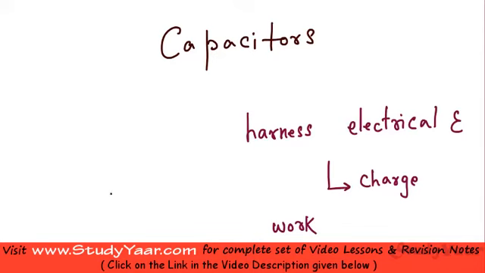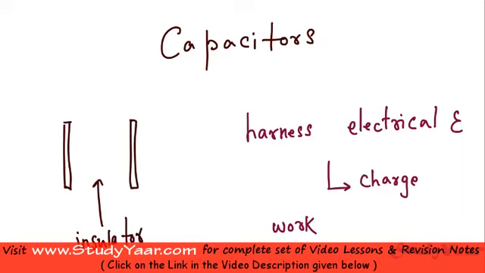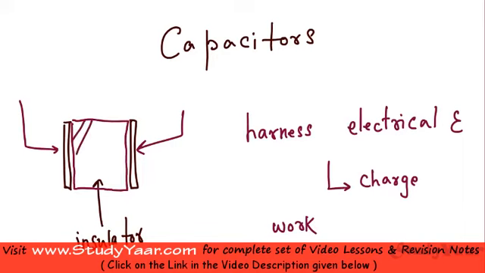A capacitor is basically a set of conductors which are separated by an insulator. Let's just say you have metallic sheets over here. These are two metallic sheets held parallel to each other, and the region between them is filled with an insulator or a dielectric.